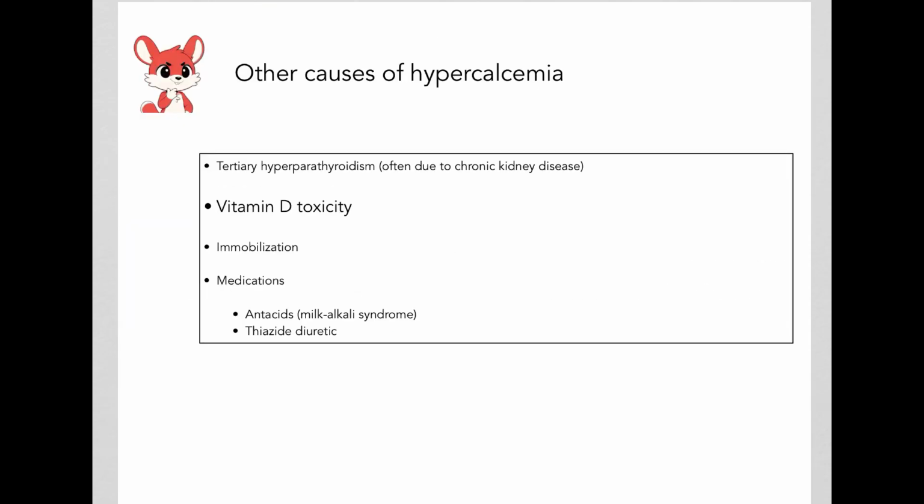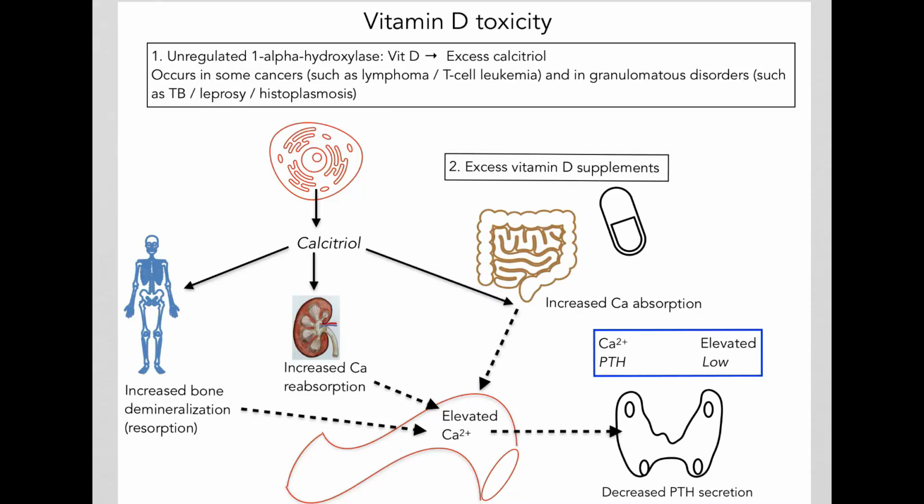Another cause of hypercalcemia is vitamin D toxicity. In this case, the 1-alpha hydroxylase in the kidneys is very active. For some reason, it's not well regulated, and that will cause the vitamin D to be converted into this active form of vitamin D, calcitriol.